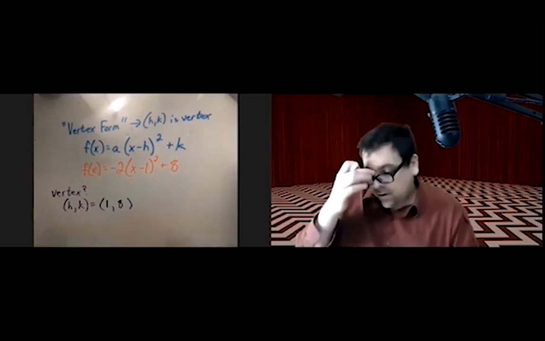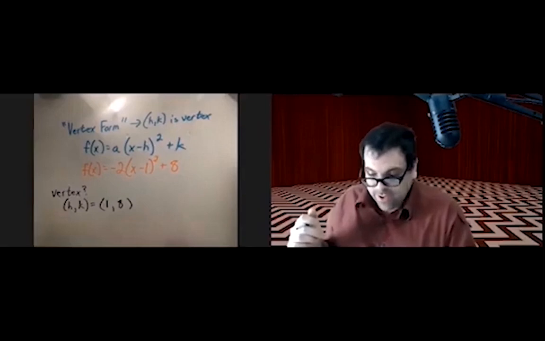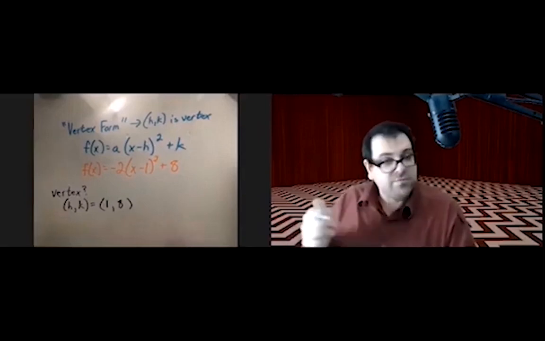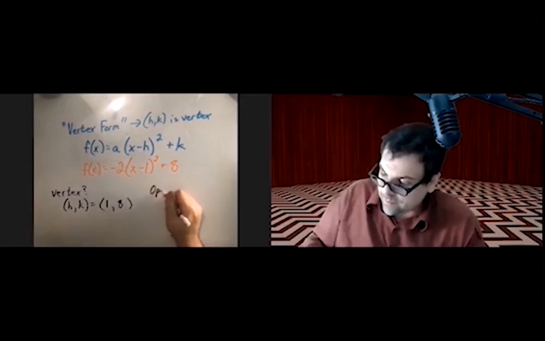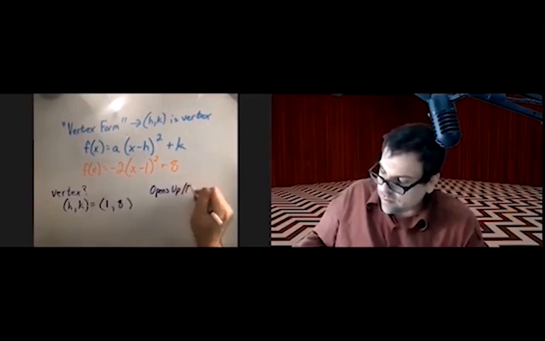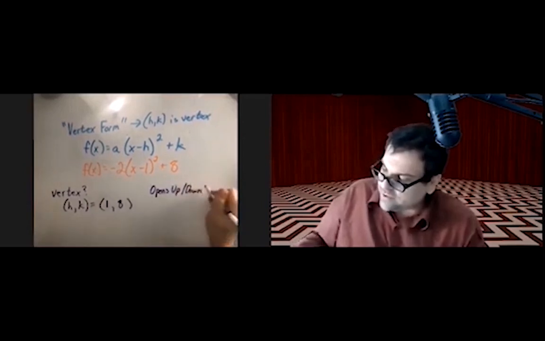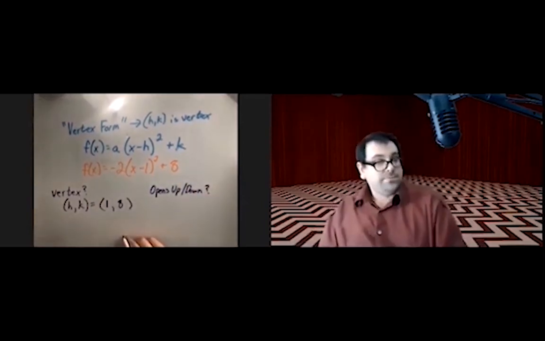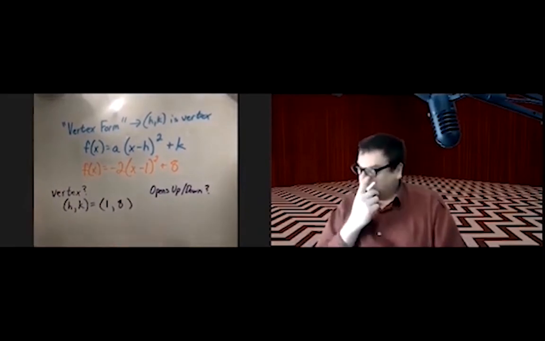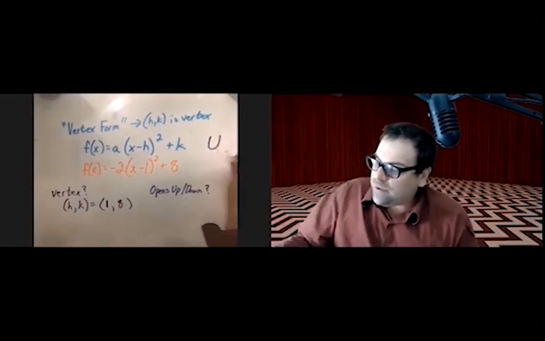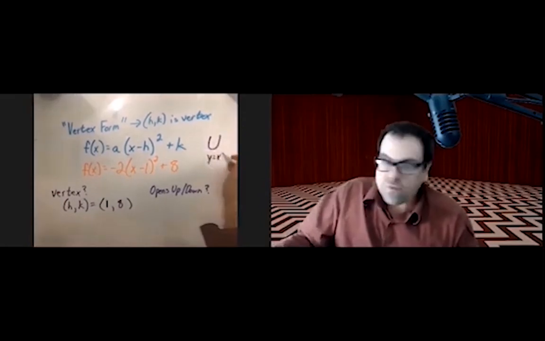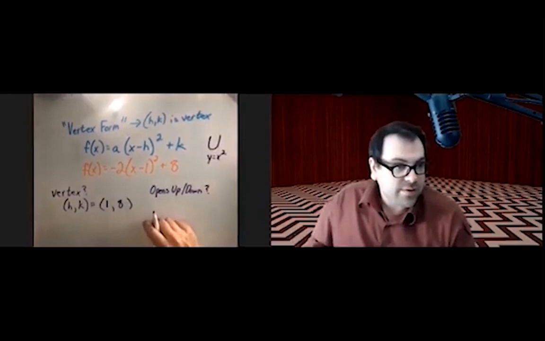Another thing we will be able to ascertain from vertex form is whether it opens up or down. Well, remember, the one that opens up, that's y equals positive x squared.